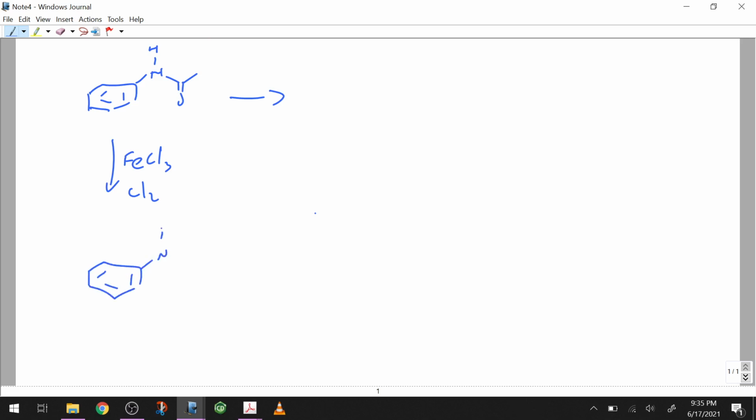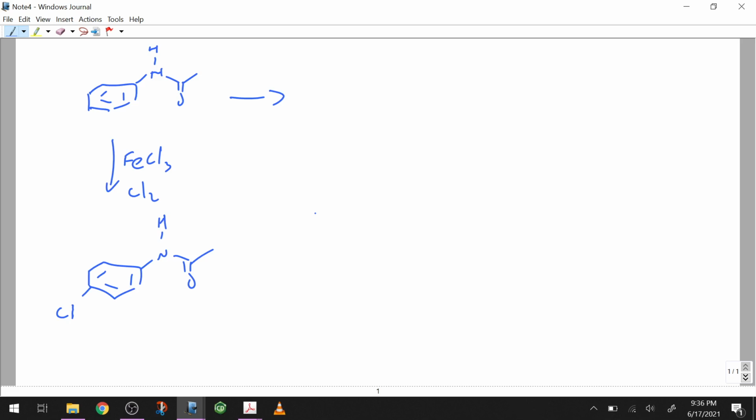So I can get here. Probably fairly good selection, because that size is going to be enough to make the ortho approach a little difficult. It's not that bad, but you know, para is generally preferable most of the time anyway, so the size will help drive it a little bit more.